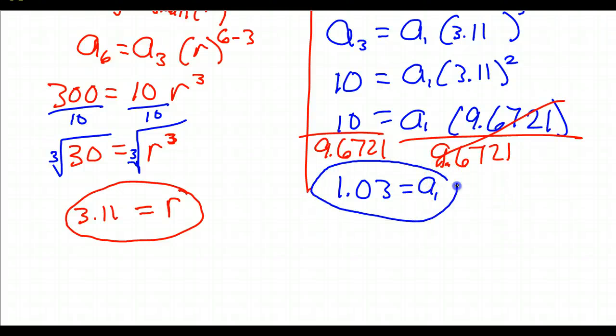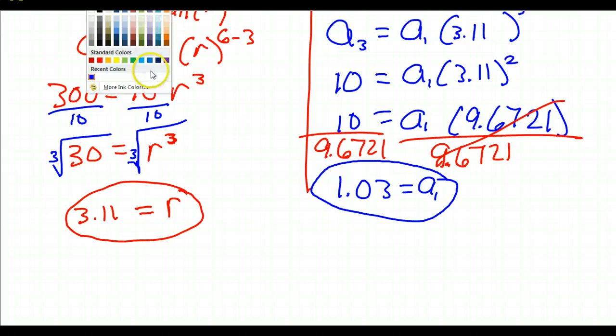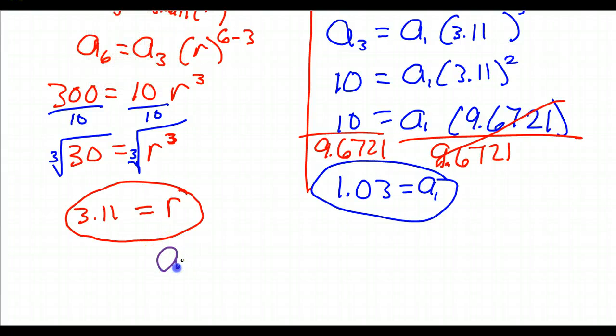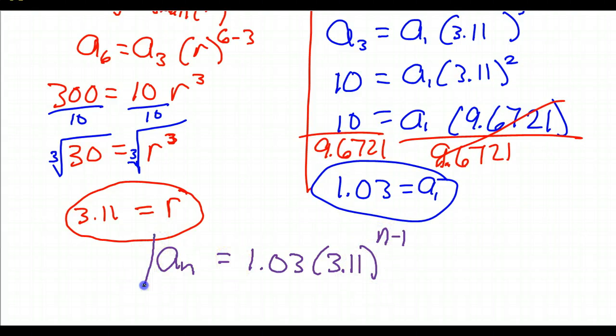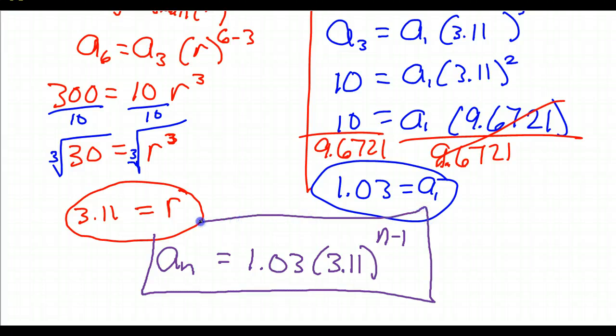So now I have the two things I needed, so I should be able to write this equation. AN is equal to A1 times R to the n minus 1 power. So this would be the equation for that.